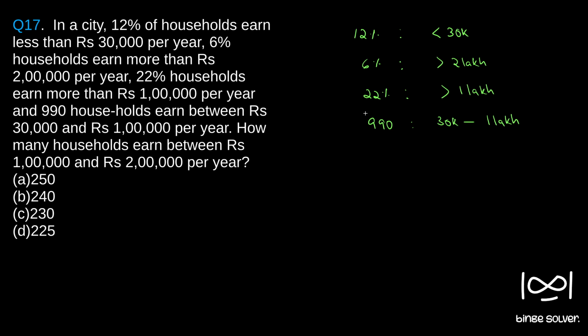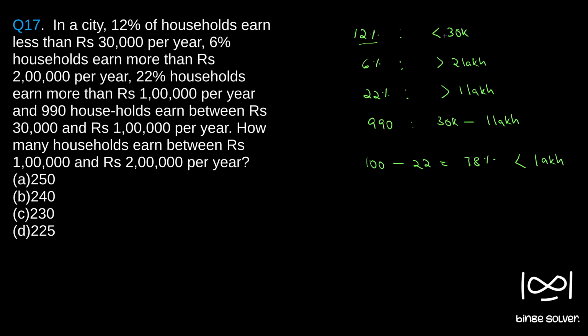So as you can see, less than 30,000 is 12%, and greater than 1 lakh is 22%. Since the number of people greater than 1 lakh is 22%, the number of people less than 1 lakh is 100 minus 22, which is 78%.